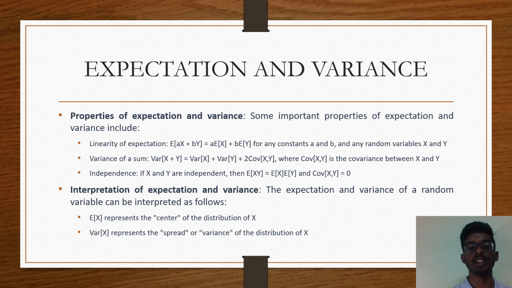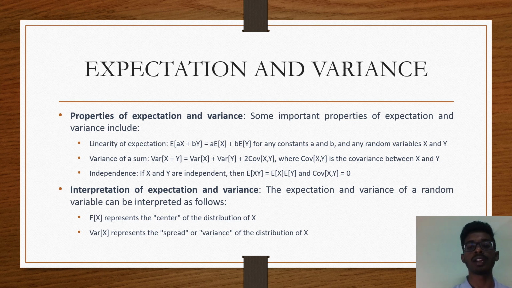Variance of a sum: Var of X plus Y is equal to variance of X plus variance of Y plus 2 covariance of X, Y, where covariance of X, Y is the covariance between X and Y. Independence: if X and Y are independent, then expectation of XY is equal to expectation of X times expectation of Y, and covariance of X comma Y is equal to 0.